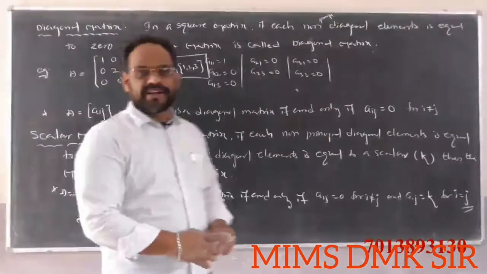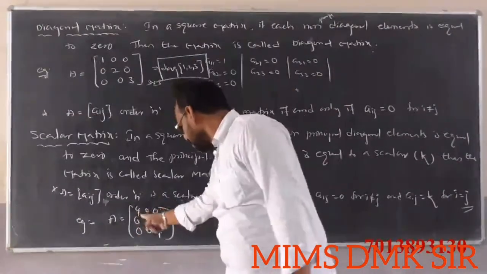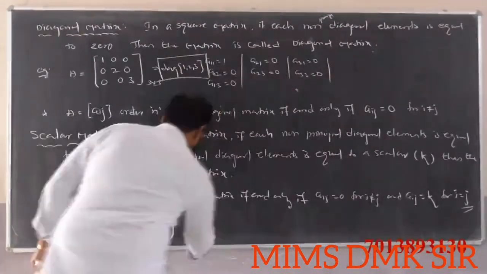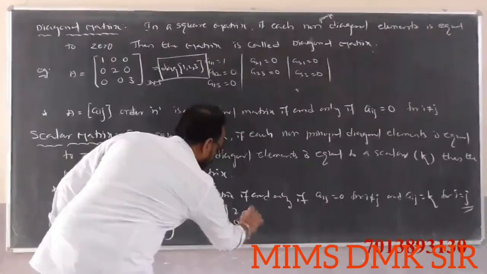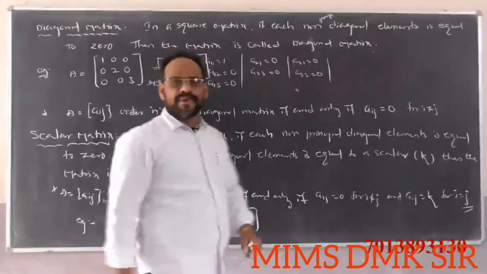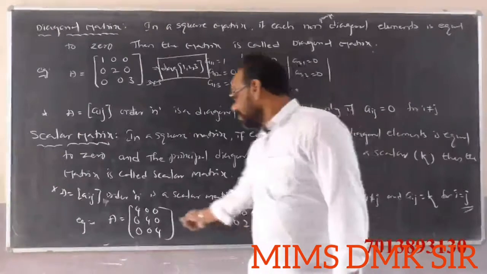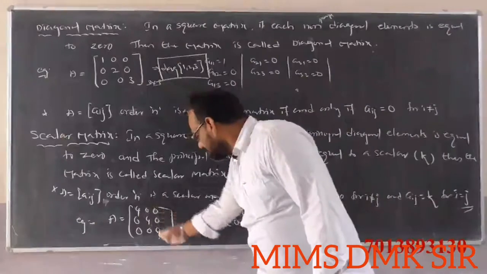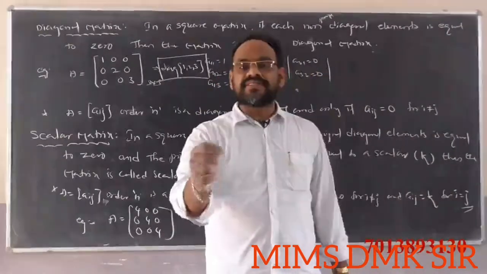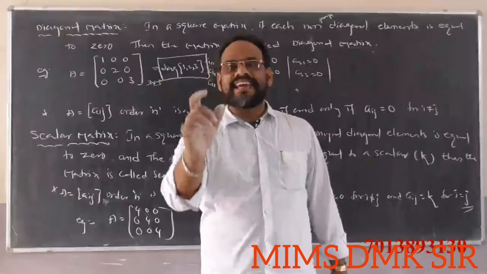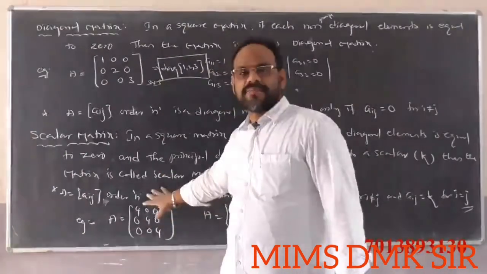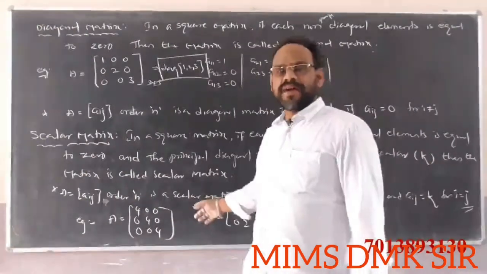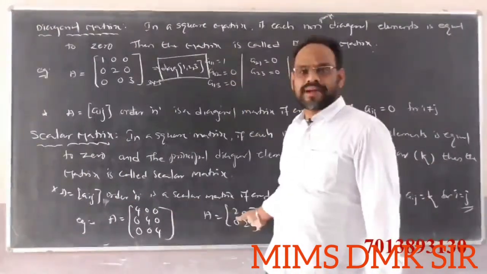Similarly, 2, 0, 0, 2 is a scalar matrix of order 2, and this is a scalar matrix of order 3. Take any number: if the principal diagonal elements equal some constant k and the non-principal diagonal elements are zeros, then the matrix is called a scalar matrix.